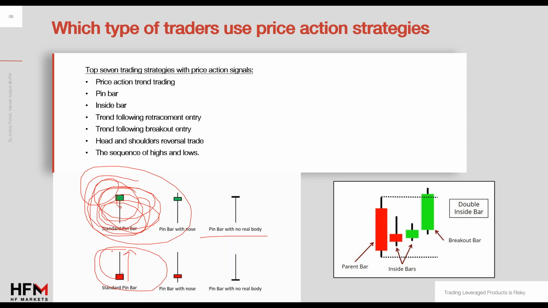Bulls fight, they push the price up here, but bears eventually, sellers, took the control and managed to return the price down very close to the open price. So here, sellers are in control, not buyers, sellers. So it's very important to be able to read even the doji candles.